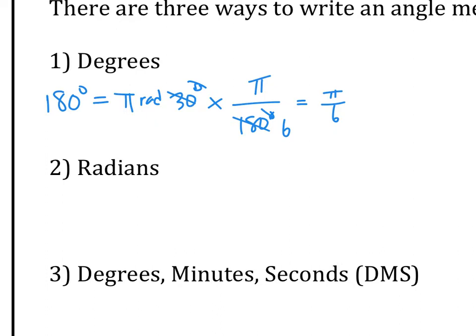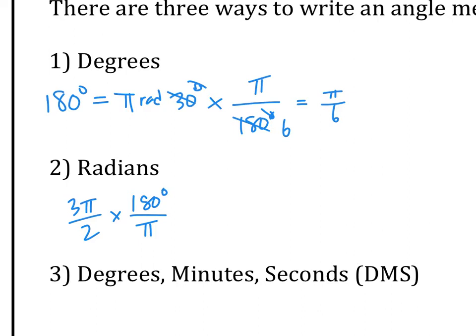Good? Okay. Now we're going to convert back from radian. Let's do something a little bit weird, 3 pi over 2. Let's say we want to convert from 3 pi over 2 into degrees. So what would be the conversion factor? 180 on the top, and then pi on the bottom, because you have to cancel out that pi.